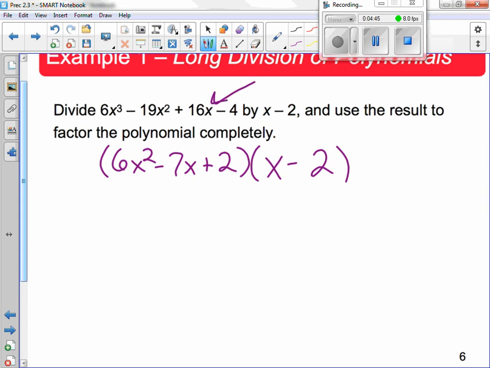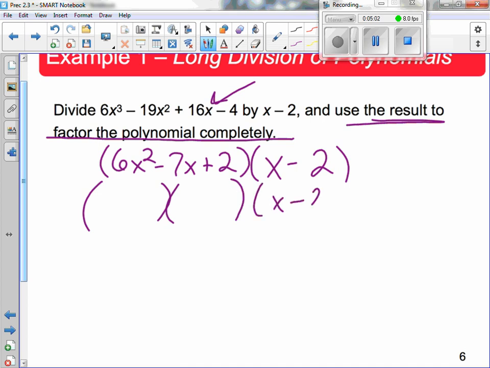Now we're going to use the result to factor the polynomial completely. So we want to factor this into 2 sets of parentheses, and then we have x minus 2.